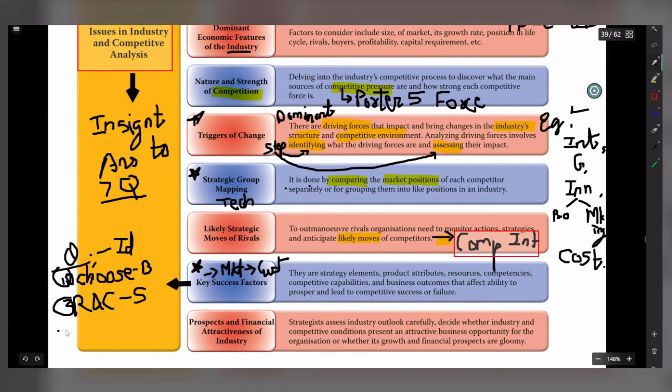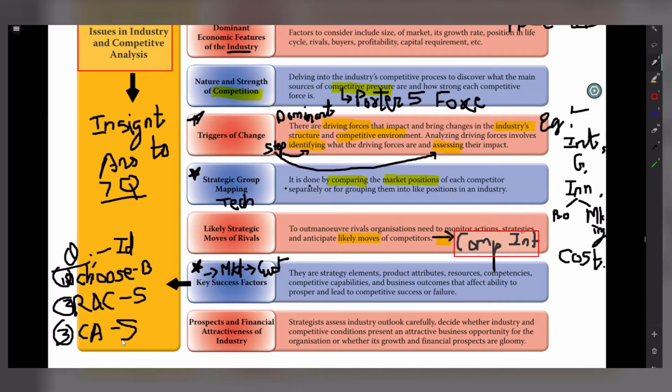And the third question which needs to be asked is: what does it take for the seller to achieve a sustainable competitive advantage? So third is our CA, competitive advantage, that the seller, meaning the organization, must have.